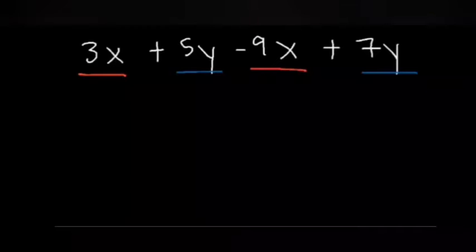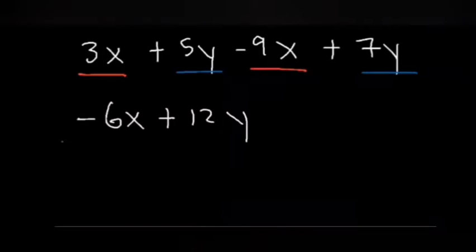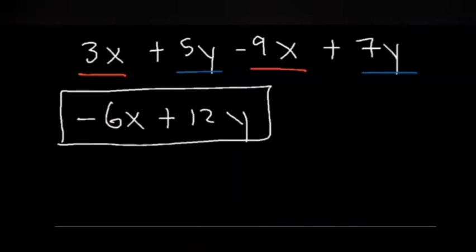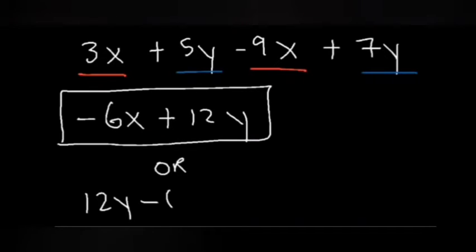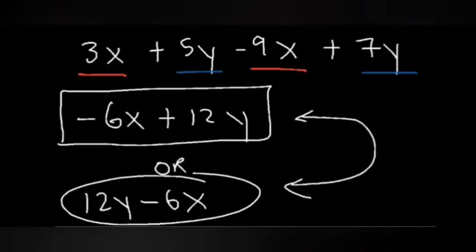So 3x minus 9x gives us minus 6x, and plus 5y and 7y gives us plus 12y as our answer. Or we can also have it as plus 12y minus 6x. That is our answer.